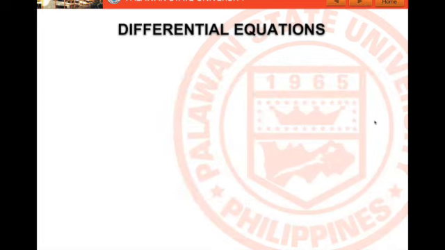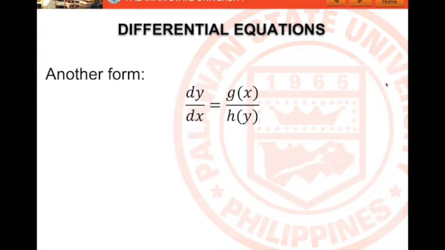Okay, that is not the only form the DE can look like. As you can see from our example 2, another form is dy over dx equals g, a function of x, all over h, a function of y. For this one, you need to transpose dx to the right side as well as h of y to the left side.